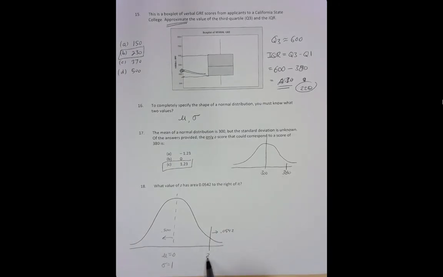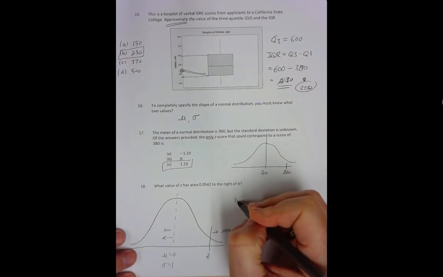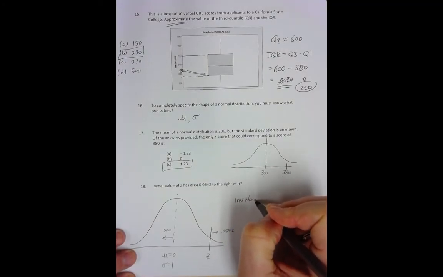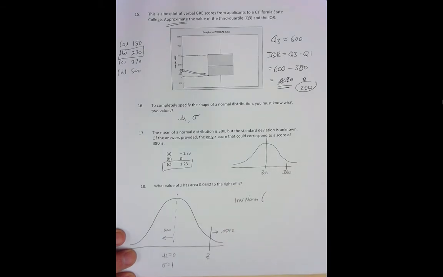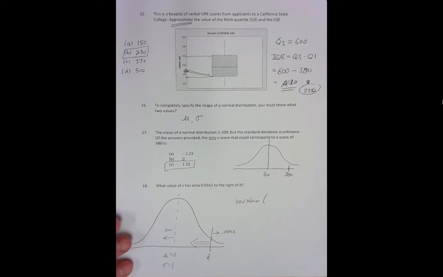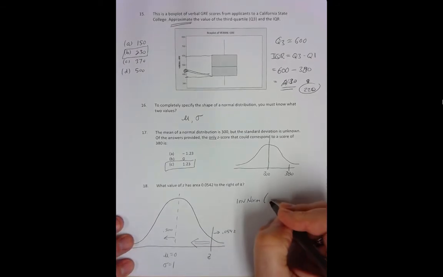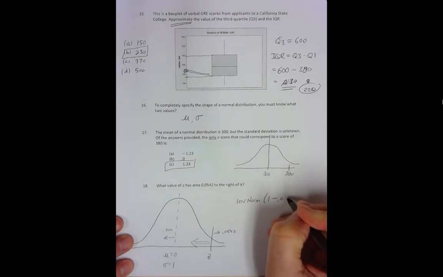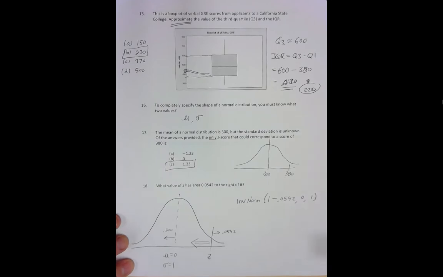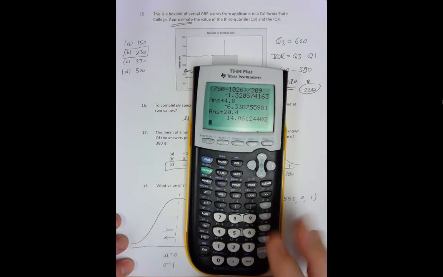So we want the z-score that has 0.0542 above it. Well, guys, inverse norm is the key we're going to use. But inverse norm requires you to know the area below the curve. So I'm going to have 1 minus 0.0542, comma 0, comma 1.